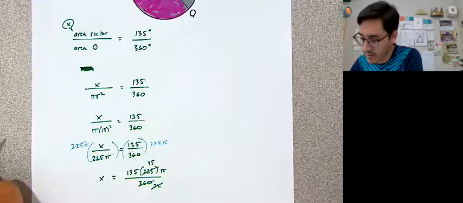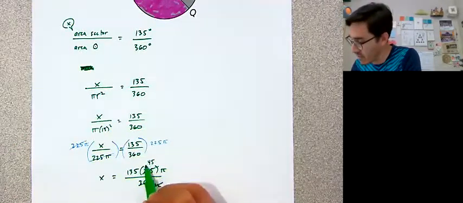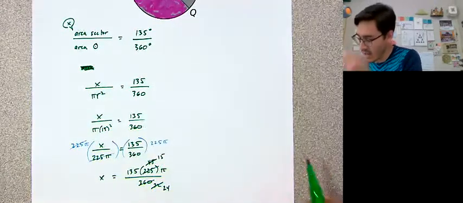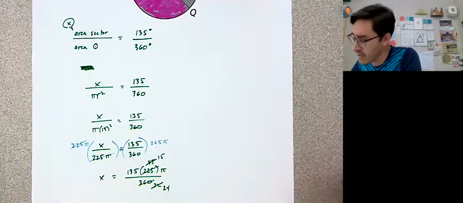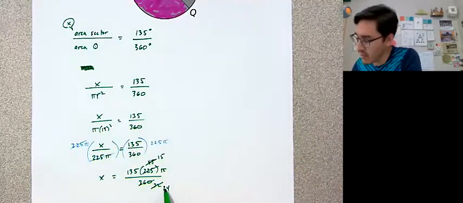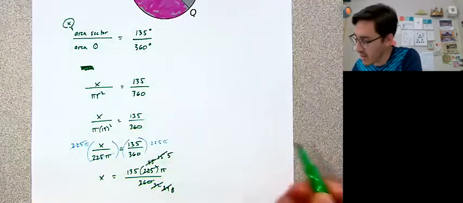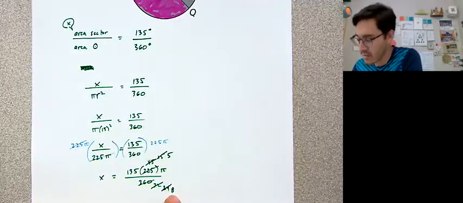It's 24. 45 is divisible by 3, it's 15. Let's see, those are both divisible by 3 again. 24 divided by 3 is 8, and 15 divided by 3 is 5. And 8 is divisible by 2 or 4, and none of those are divisible by 2 or 4.